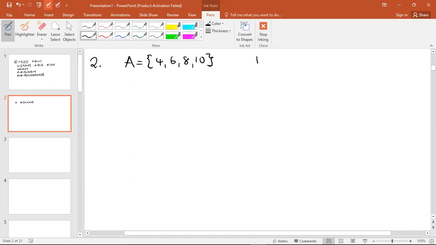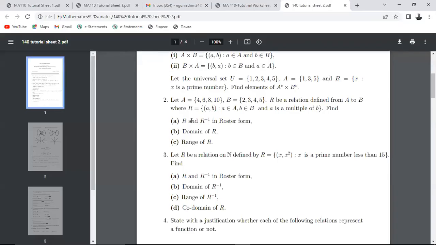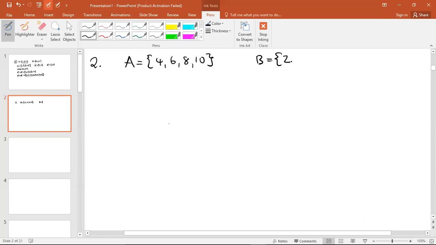Then they are saying B is, what is our B? Let's go look at what we have in our B. Our B is 2, 3, 4, 5. Okay, so that is our B.